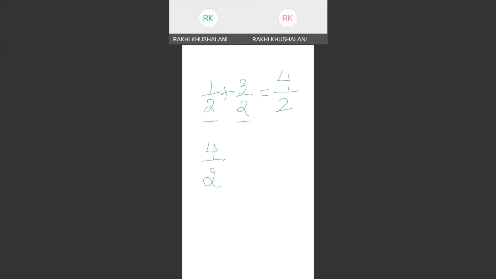Now, if you look at 4 by 2, there is a common factor between them, that is 2. 4 divided by 2, 2 divided by 2. So it becomes 2 upon 1. Answer is 2, and the total answer will be written as 2 and not more than that.